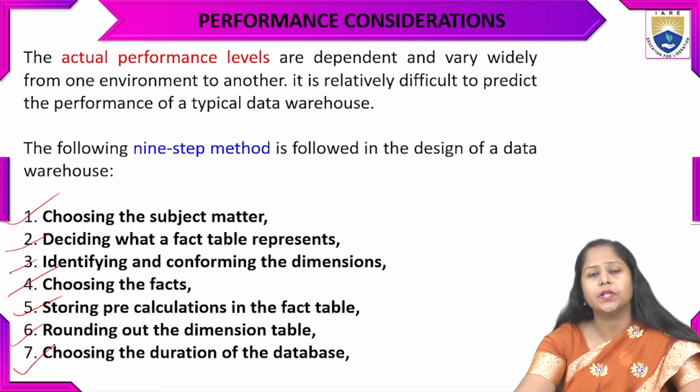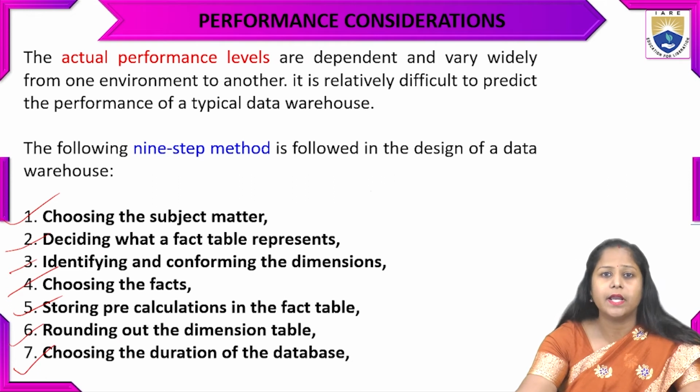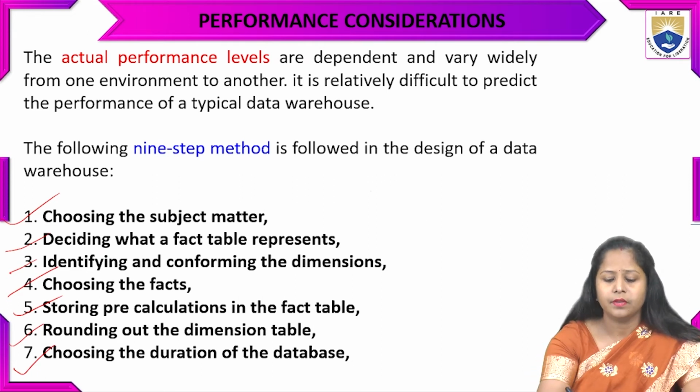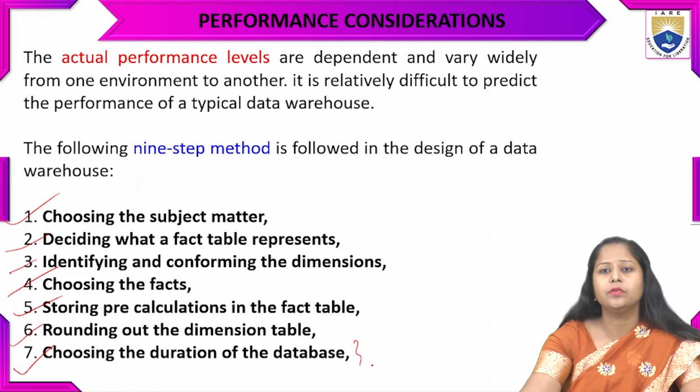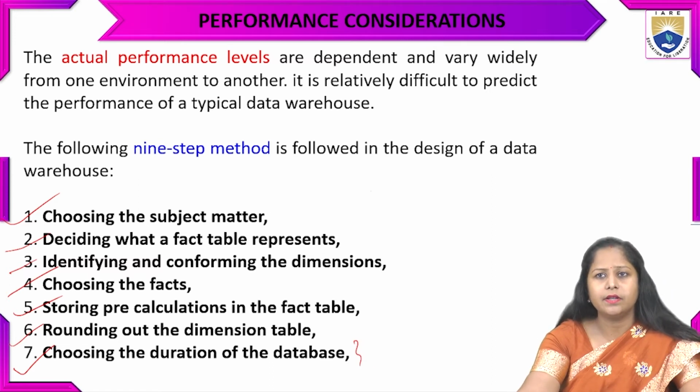We need to choose a duration, a particular time for the database. In what time is the data going to be saved? What is the exact timing while we design the data? How much time will it be, and what are the different time durations for the data warehousing?